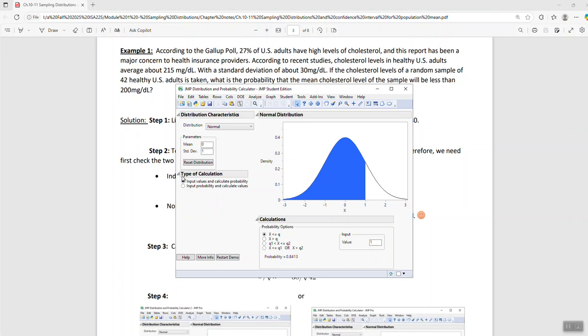Then you can see the two types of calculation this tool can provide. The first one is you can input the values and calculate the corresponding probability, which is the one we are looking for. The other one is reversed: if you have the corresponding probability, you can also calculate the corresponding z values.